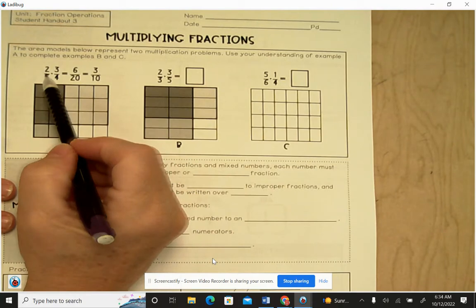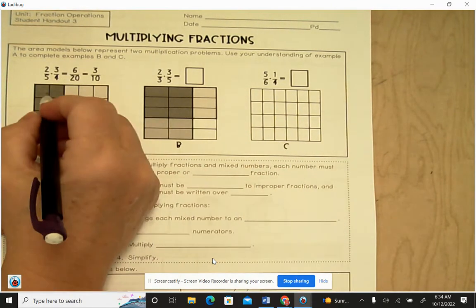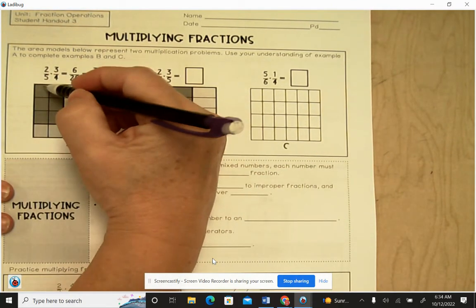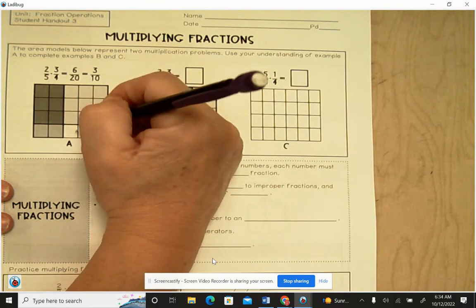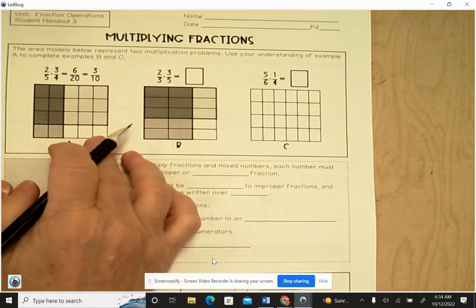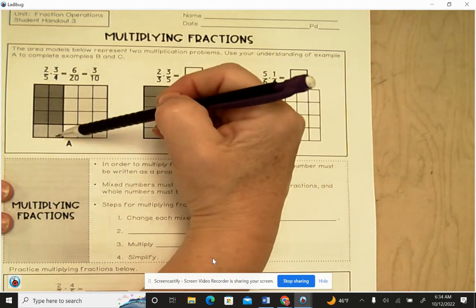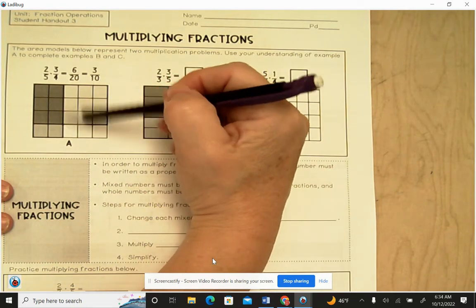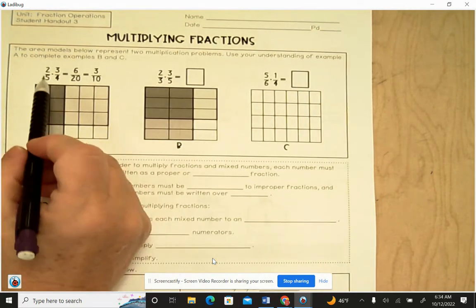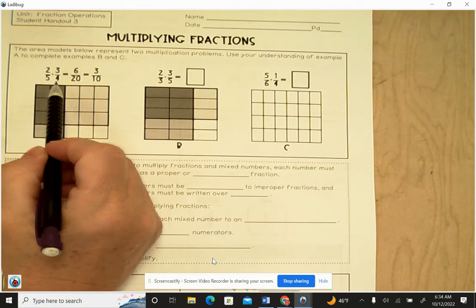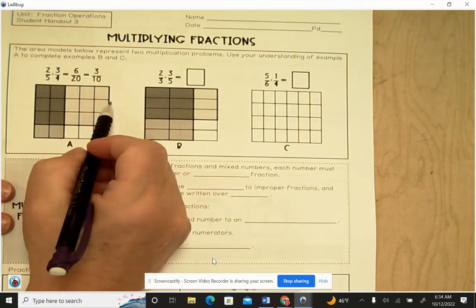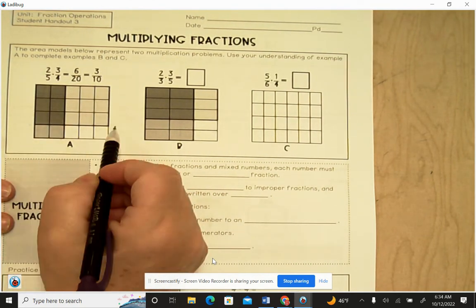So we have 2/5. So we take this square and we divide it into 5 sections, and then we color 2 of them. Okay. And then it's times 3/4. So we take it this way and divide it into 4.